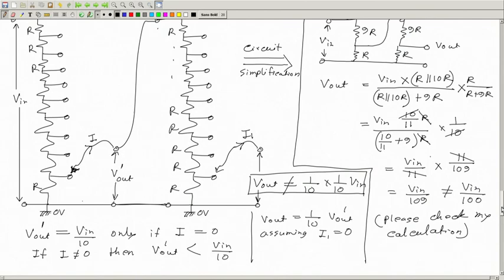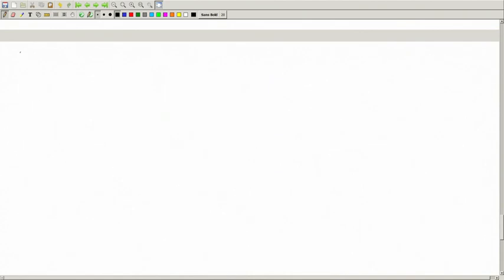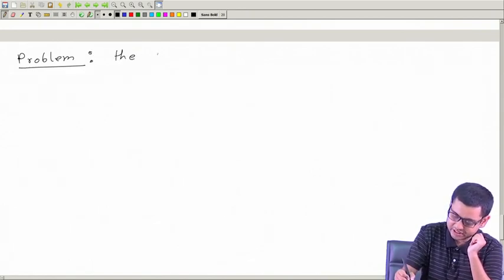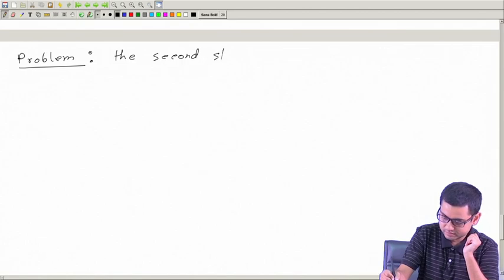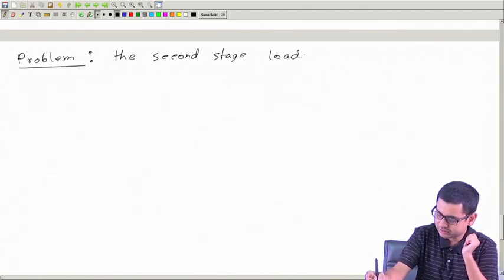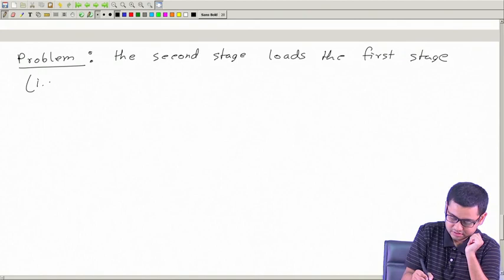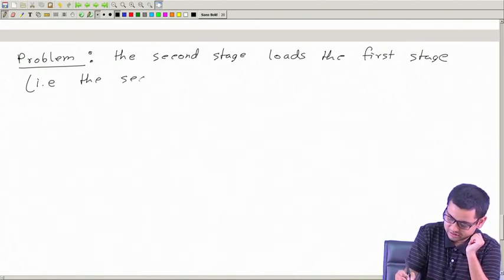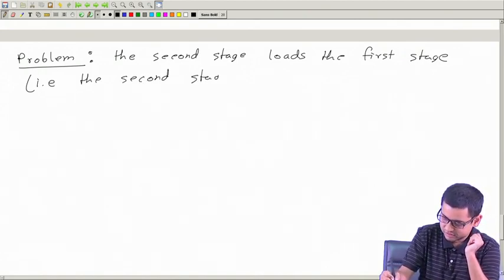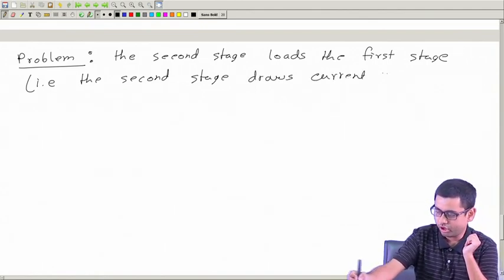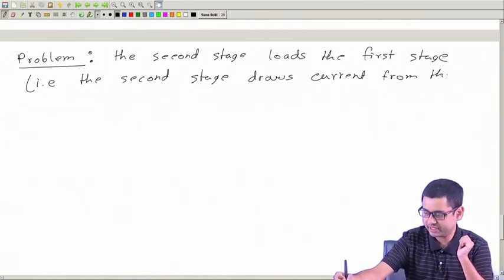Okay. So, let me first also write the problem. The problem in the above circuit is that the second stage loads the first stage, which means the second stage draws current from the first stage.